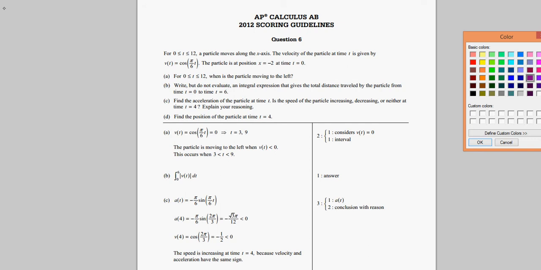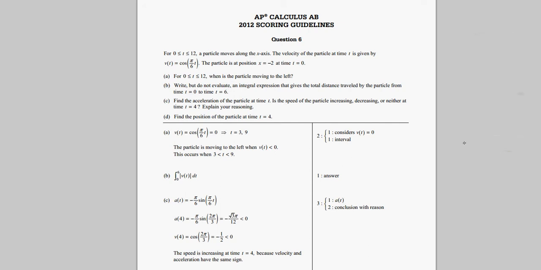6a, it says to find when the particle is moving to the left, so we want to talk about when the velocity is less than 0.